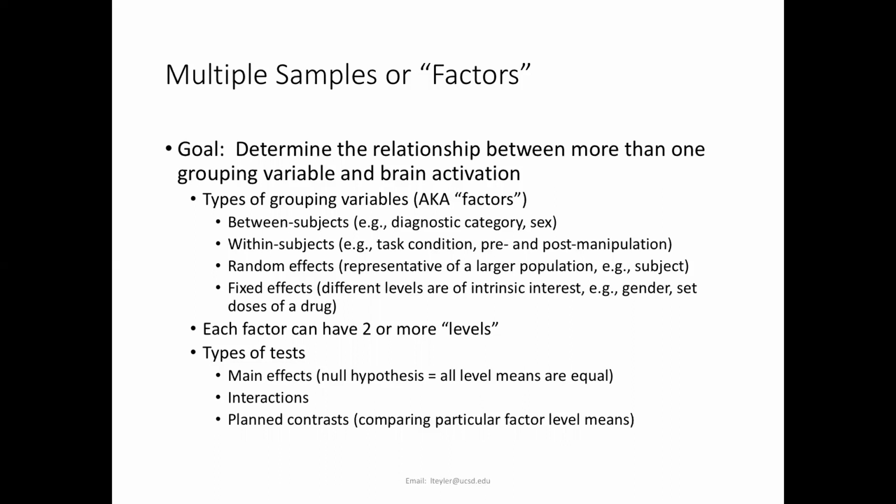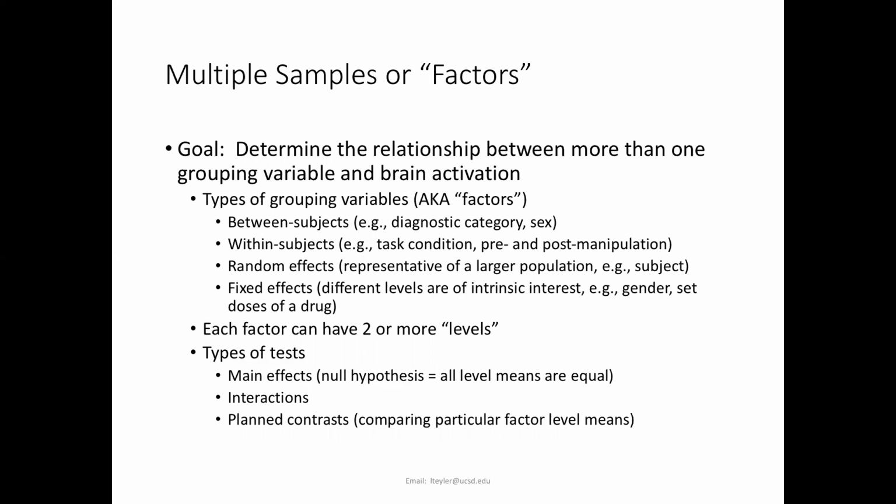There could be within-subject things, so 3 different task conditions, or 4 different things where there's multiple pre and post manipulations. There might be random effects that are representative of a larger population, like the subject, or fixed effects with different levels where the different levels are of intrinsic interest, like gender, for example, or set doses of a drug.